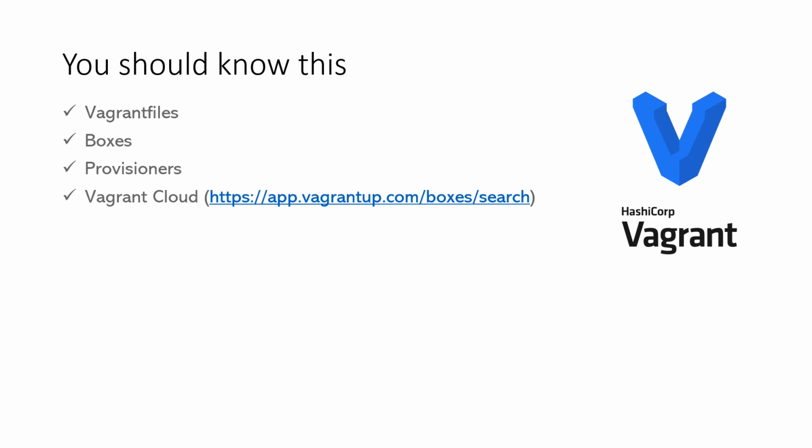For example, if I want to launch a CentOS operating system virtual machine, or Ubuntu or any other, I should use that particular type of box. I will show you in the next practical session.